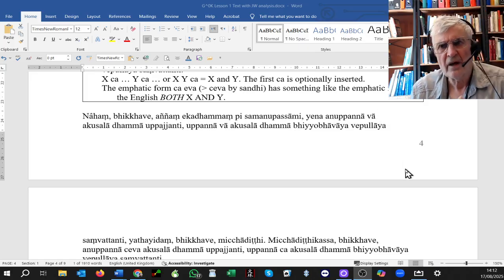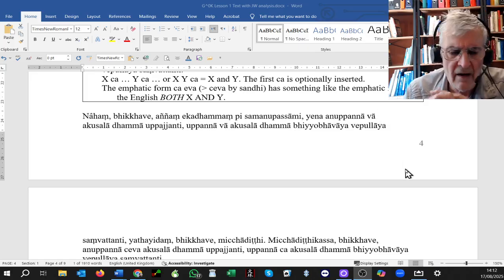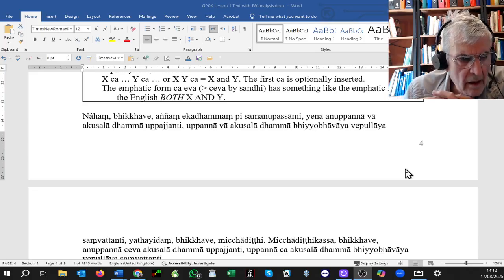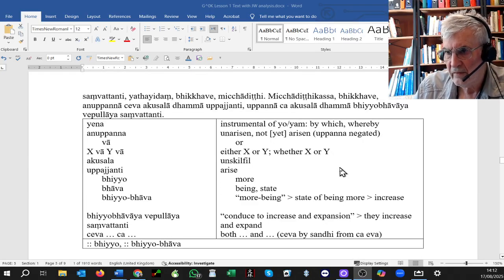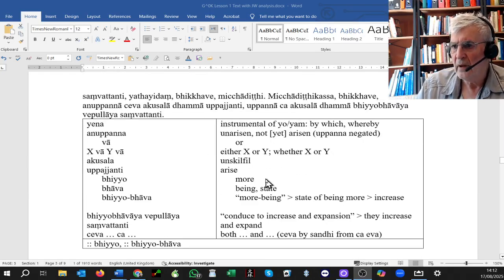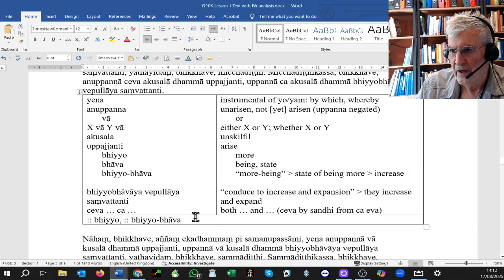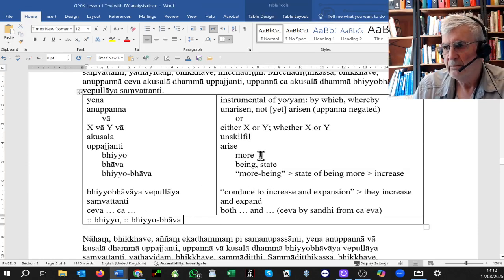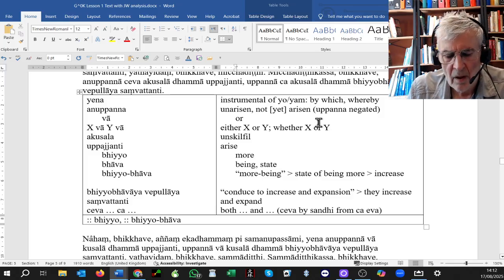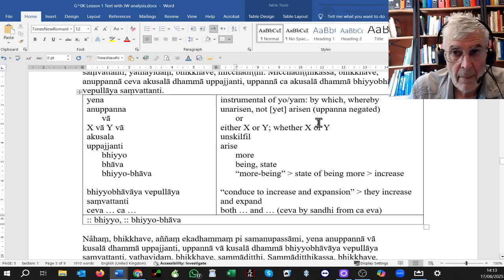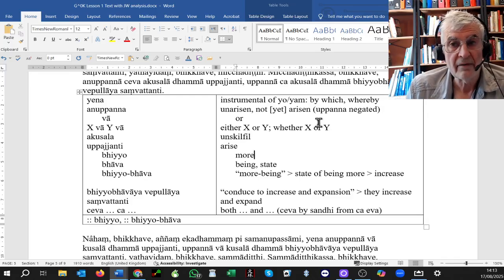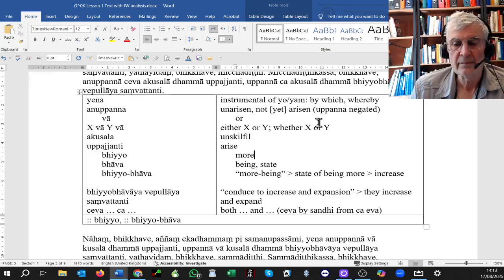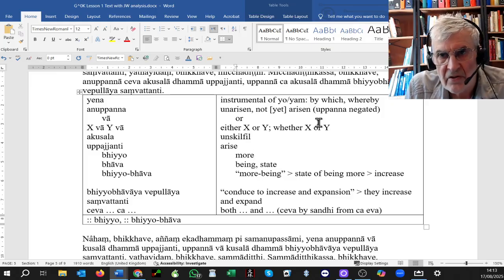Now the vepullaya we've just had. Bhiyo bhavaya is a compound word which I've explained. Yes, I have. I've done a fuller note on it in the explanatory glossary. Bhiyo is a word meaning more. Bhava means being, so put them together. Bhiyo bhava, literally more being, means therefore expanding, increasing.